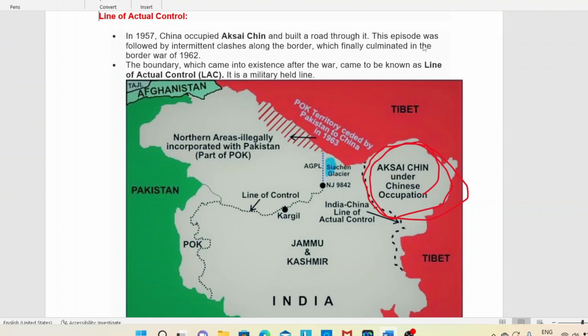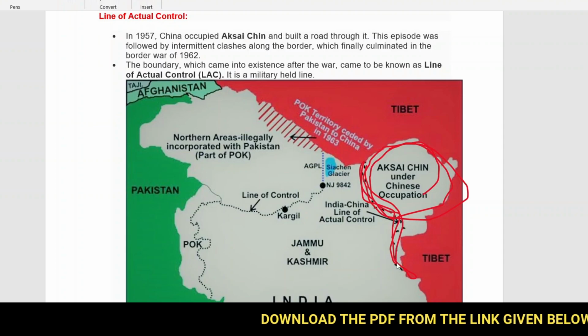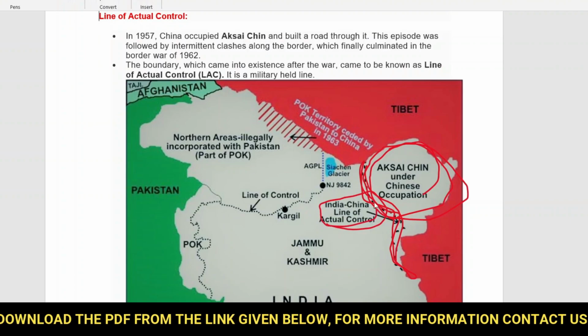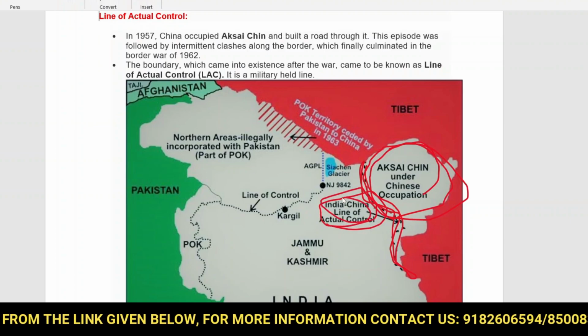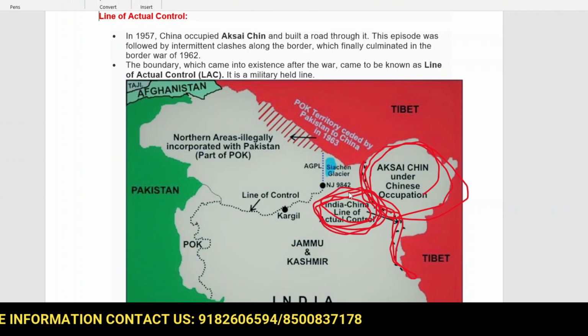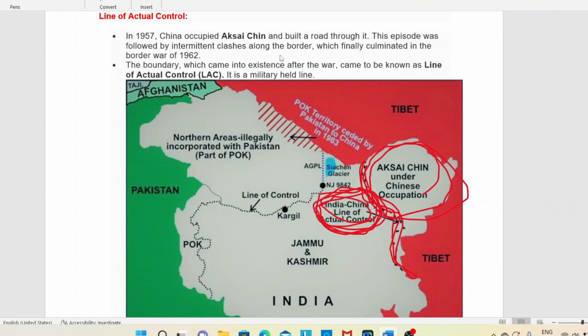Here we can see this is the Line of Actual Control, which came into existence after the border war of 1962 between China and India. This is very important, the Line of Actual Control.